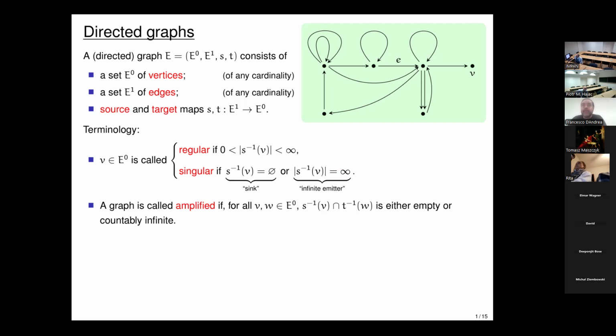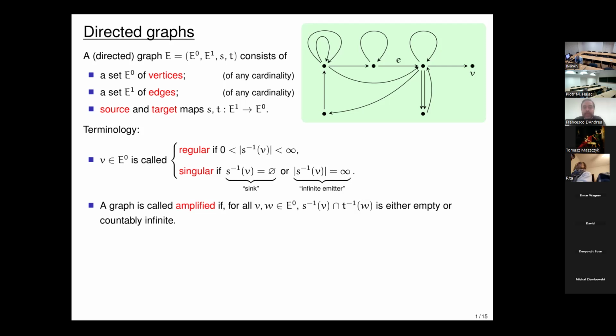This is now the next notion. This is the definition of one of the terms that you saw in the title, which was amplified graph system algebras as course of Cuntz-Krieger algebras. This term was introduced by Søren Eilers, Efren Ruiz, maybe, and somebody else. There is a paper called amplified graph algebras.